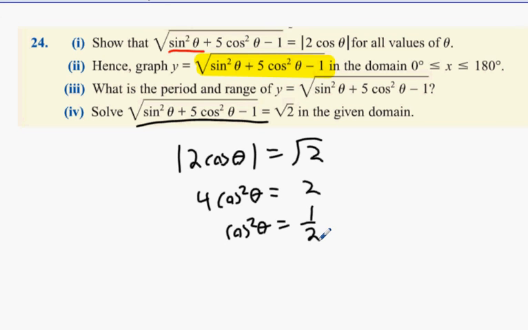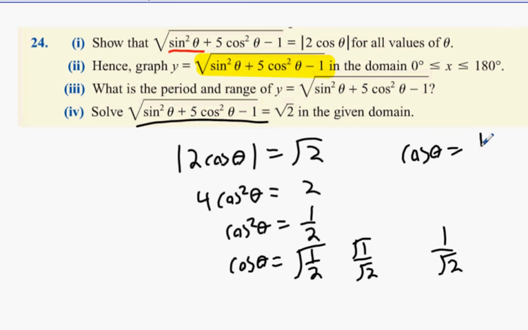Root both sides. Cos theta equals square root of 1 over 2, which is root 1 over root 2, which is 1 over root 2. Cos theta equals 1 over root 2. What's theta? Well, it's 45 degrees when you cos inverse. And you're done. Okay, guys.